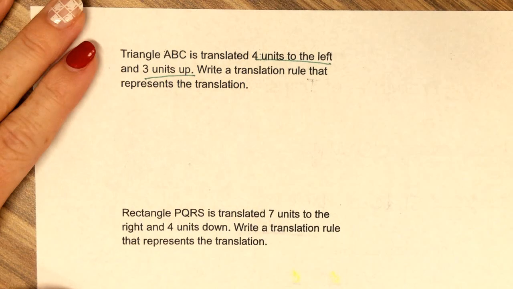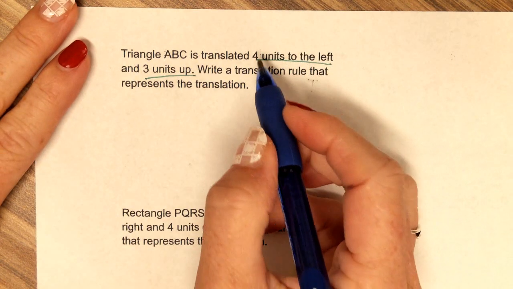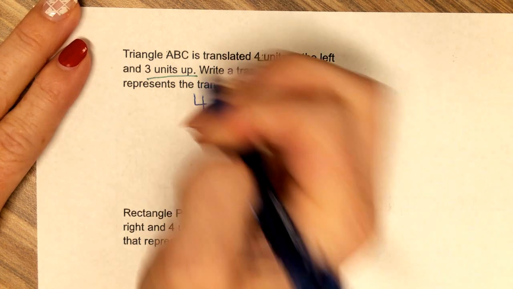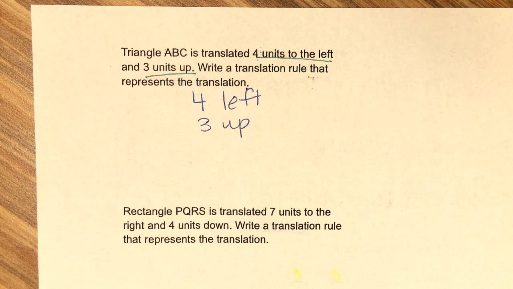Okay, I'm not going to go over it yet, but I'm going to write down what they gave me. You should have at least written 4 left. What else? 3 up. Now, I'll give you about 30 more seconds to finish because that should help you.